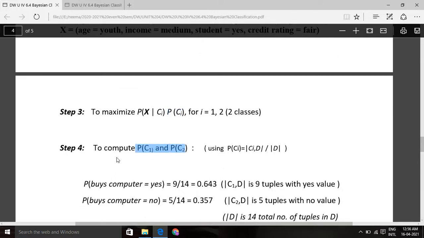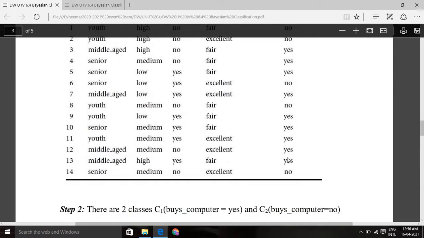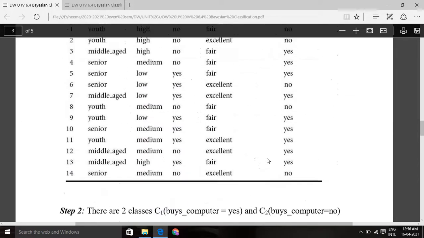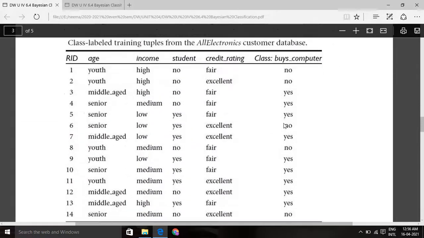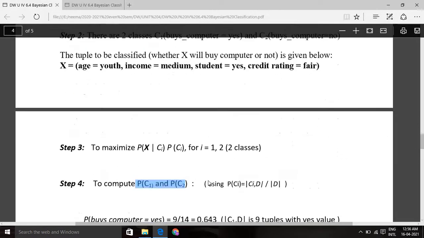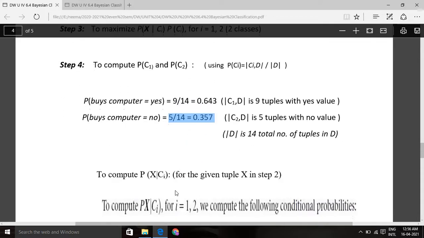Observing this table, out of 14 records we have 9 yes and 5 no, as seen in the last column. So the probability of buys computer equal to yes is 9 by 14, 0.643, and the probability of no is 5 by 14, 0.357.